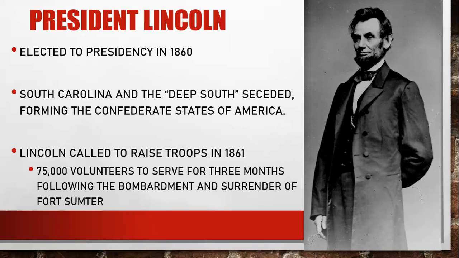And one key little fact to know with these 75,000 troops: Robert E. Lee, the guy who would become the general of the Confederate Army, was first approached by the U.S. government to be the man in charge of this 75,000 man army, but he refused because he would not fight against his home state of Virginia. He loved the United States.